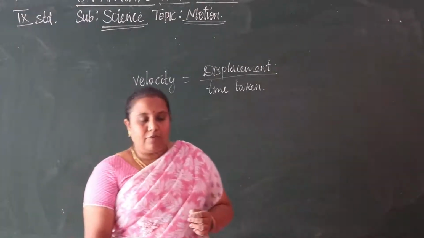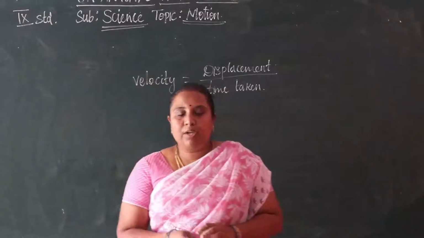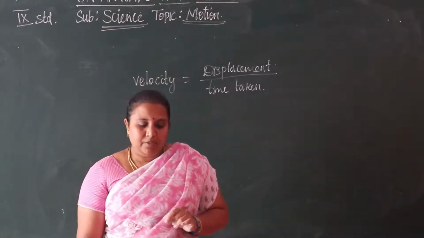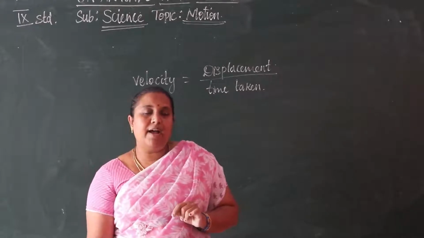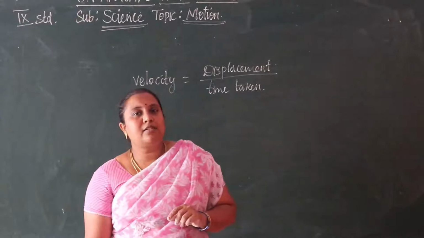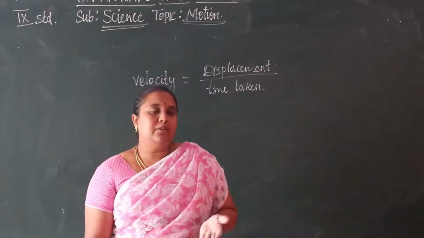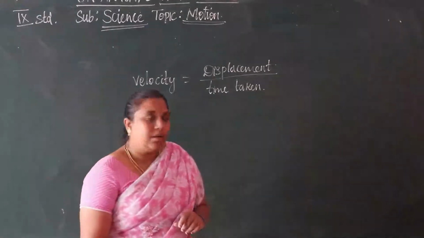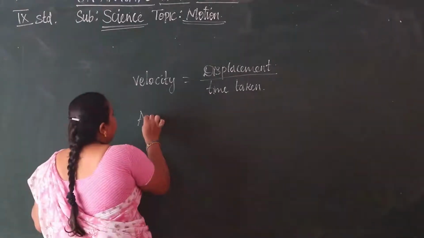Then for non-uniform motion, average velocity is calculated in the same way as done for speed. Average velocity equals total displacement divided by total time taken.